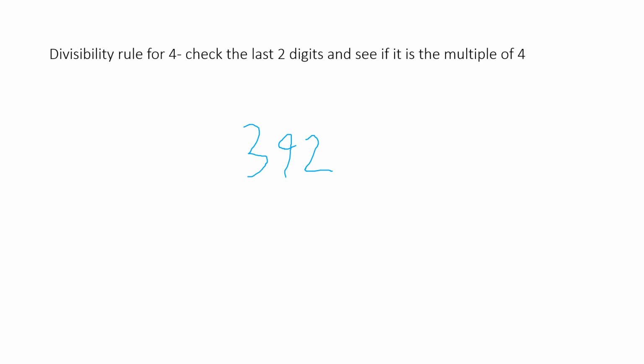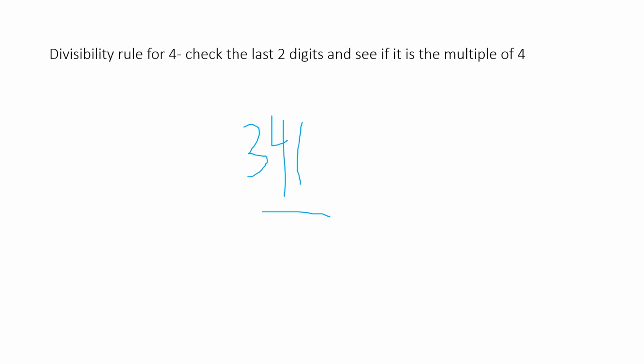Wait, I'm gonna pick an easier one for you guys. Let's do 3, 4, 1. So the last 2 digits are 41, and that's not a multiple of 4.